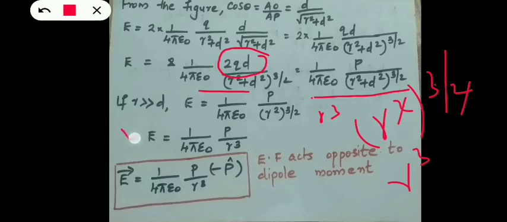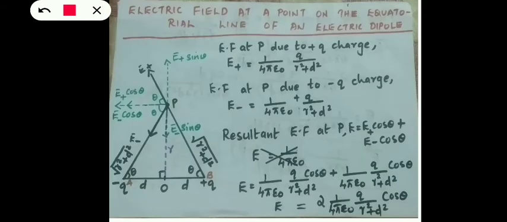And this will be the expression for electric field intensity at a point lying on the equatorial position of a dipole. And what will be the direction of this electric field? In order to get an idea about the direction of electric field, just come back to the previous slide. Here we have the figure. What is the direction of the resultant electric field at the point P?